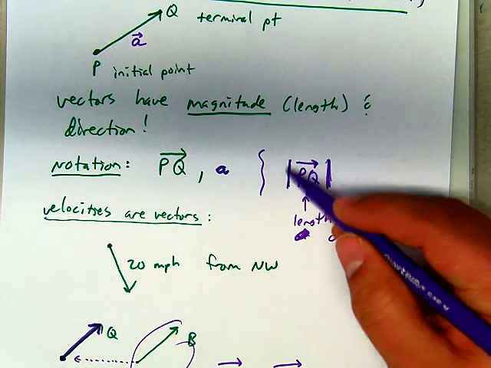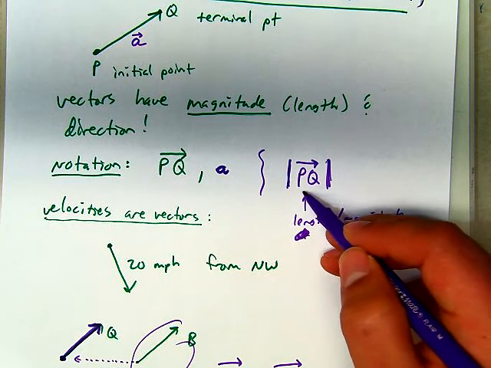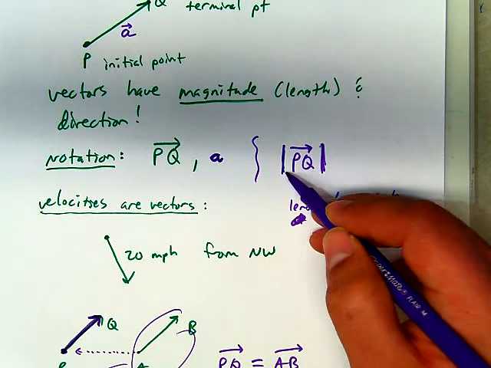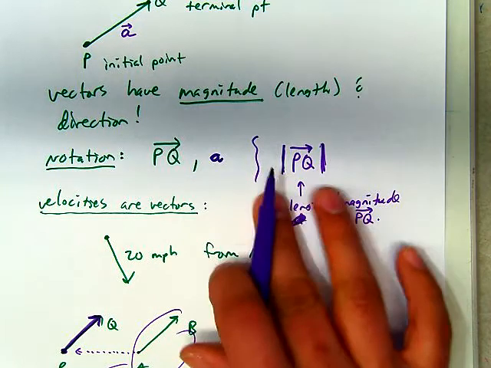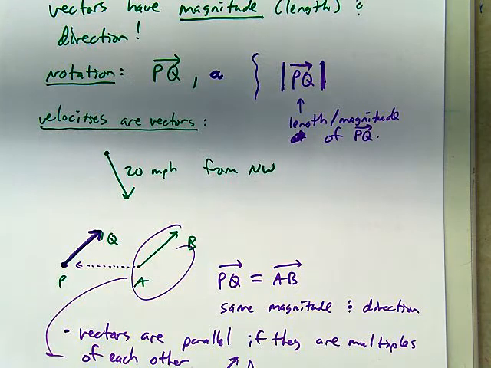So it does not mean absolute value of a vector. That doesn't make any sense. But we use that same notation to denote that we're talking about the length of PQ. So if you see the bars around PQ, that means we're talking about the length of PQ.